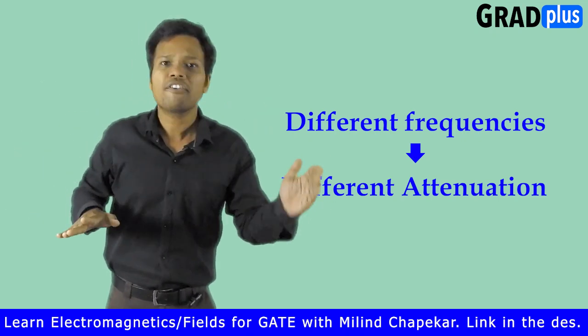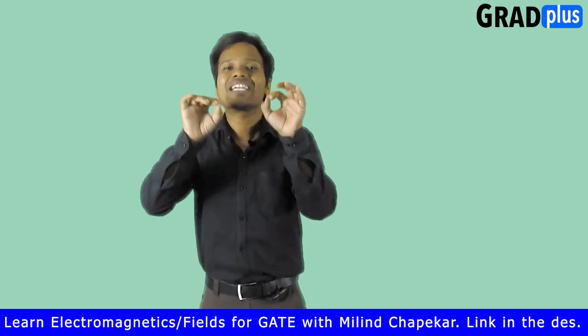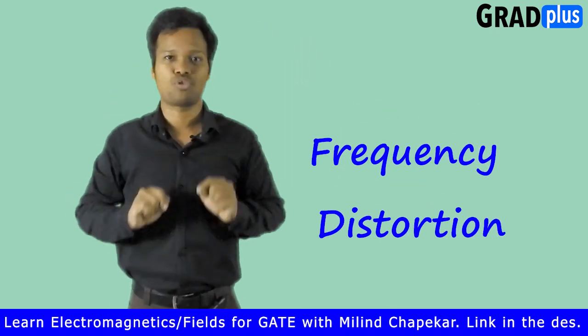Different frequencies get attenuated by different factors. X1 frequency will be attenuated by Y1 factor, X2 frequency will be attenuated by Y2 factor, and likewise different frequencies of the message signal get attenuated by different attenuations. Such kind of distortion is known as frequency distortion.